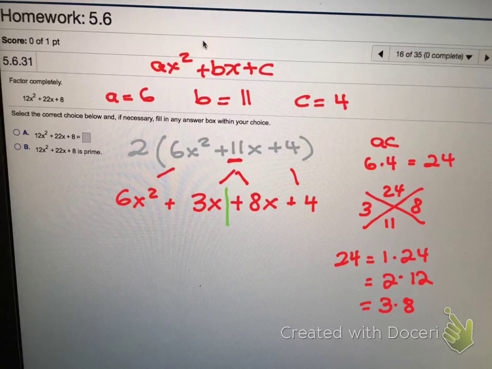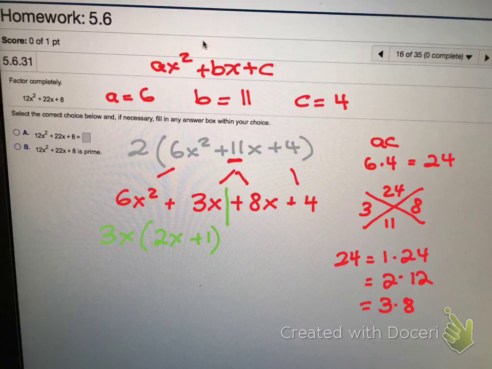Again, greatest common factor with the first 2 terms would be 3x here. And we have left inside parentheses 2x plus 3x into 3x is 1. Don't forget that one. Common mistake.